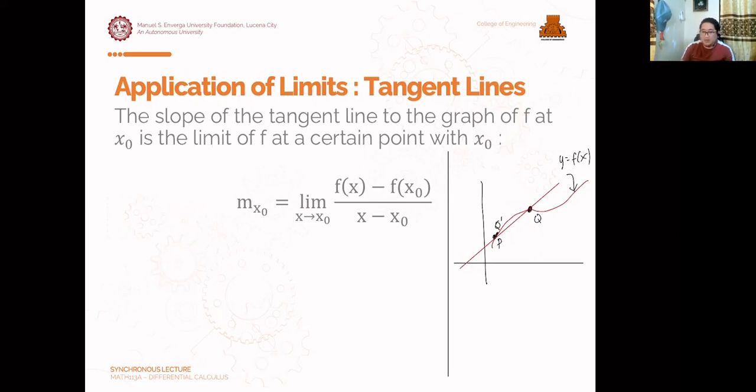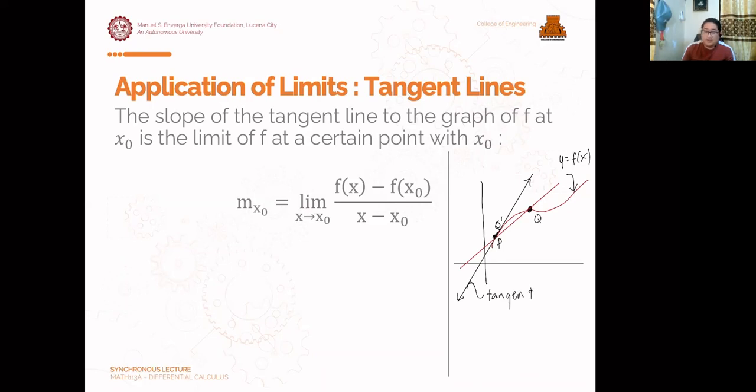So, ibig sabihin is another position ni Q. Pag nandun na halos yung position ni Q, magiging itsura na nung line natin is tinatawag natin tangent line. Okay? And once na yung distance natin is approaching 0 mula doon sa dalawang point natin, tangent line na siya. Okay?